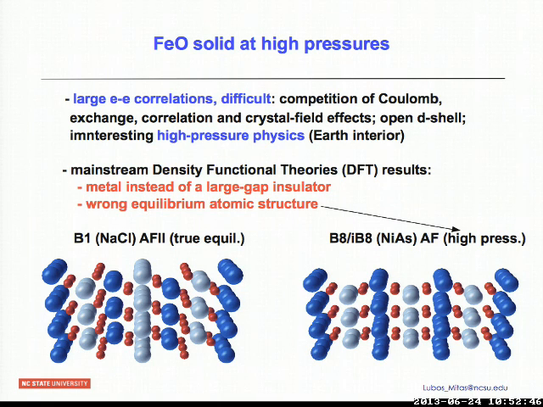Here you talked about the electrons all the time, but you didn't mention the nuclei. So you're going to change their positions as well during this process? In this case, we'll be looking at the equation of state, namely the dependence of energy on pressure.